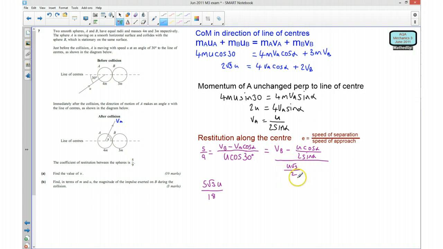Okay, so I've just multiplied both sides by this here, and that's going to be equal to VB take away u cos alpha over 2 sine alpha.